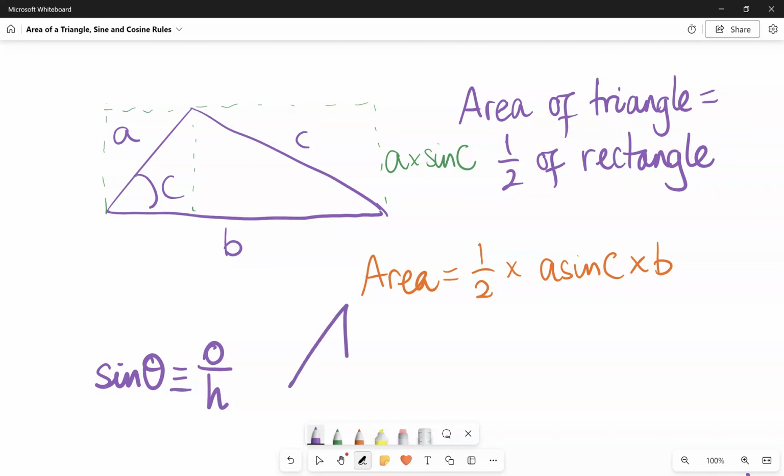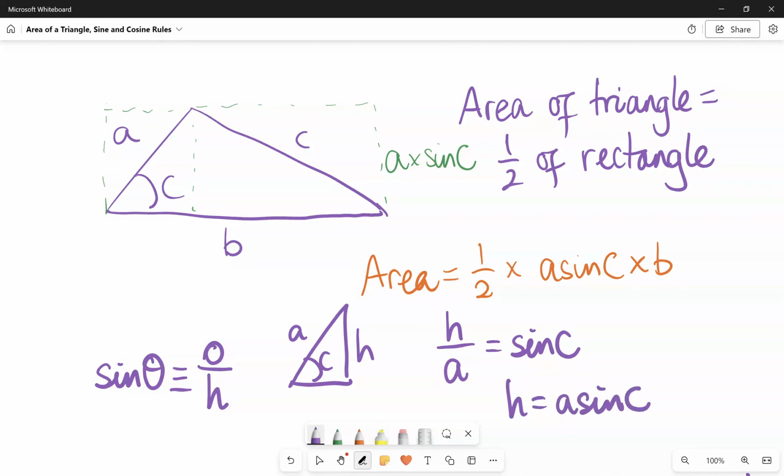If this is A, this is C, and this is the height H, then the opposite, which in this case is H, over the side that I've labeled A is equal to sine C. So H equals A sine C. So the area of a triangle is half times the perpendicular height A sine C times the base B. And that's how we can get this area.